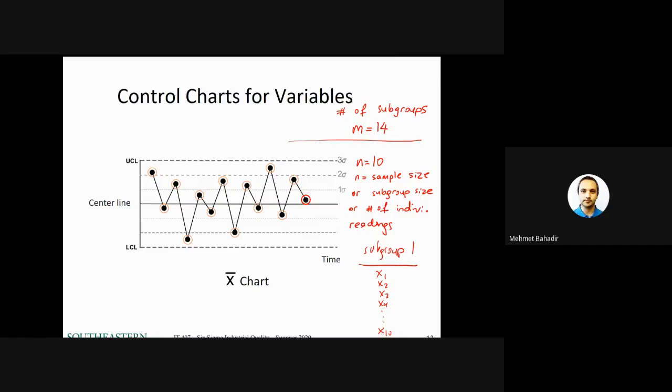Number of subgroups is represented by M, and the subgroup size or the sample size is represented by N. So 1, 2, 3, 4, 5, 6, 7, 8, 9, 10, 11, 12, 13, and 14 subgroup averages we see here.